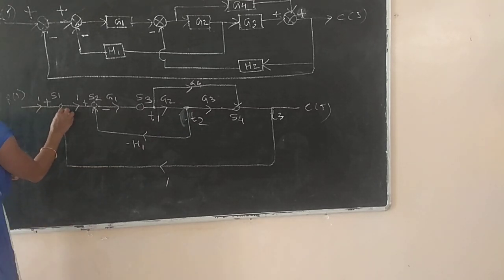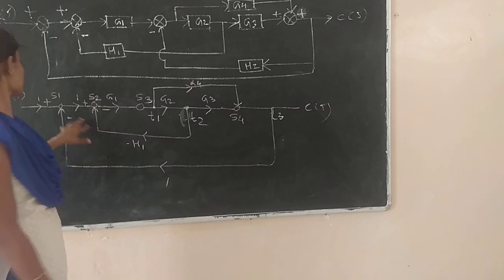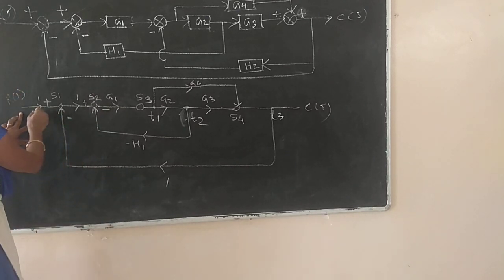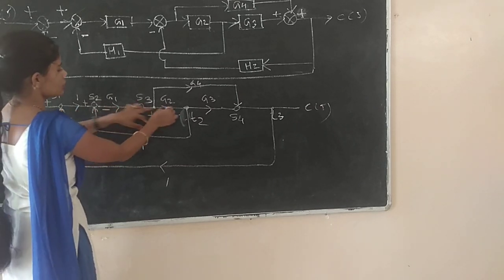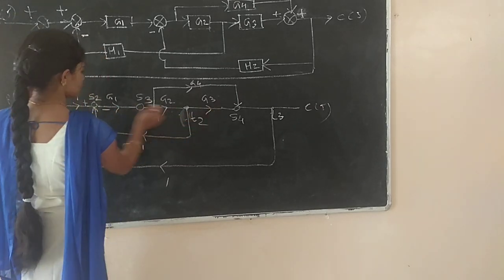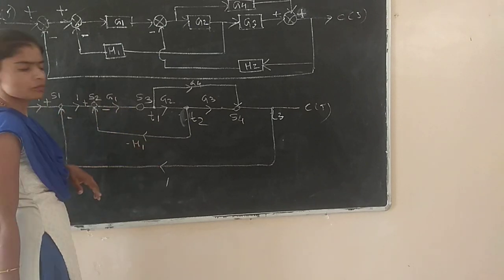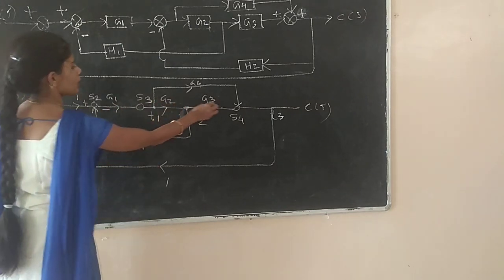Then we find all forward paths. The first forward path is G1, G2 and G3. This is a straight forward path, path 1, that is F1 equals G1, G2 and G3.